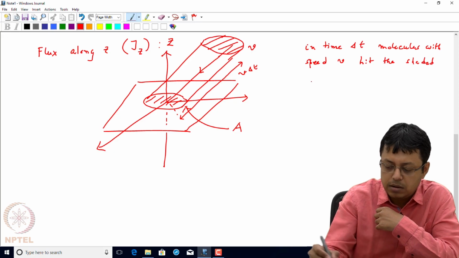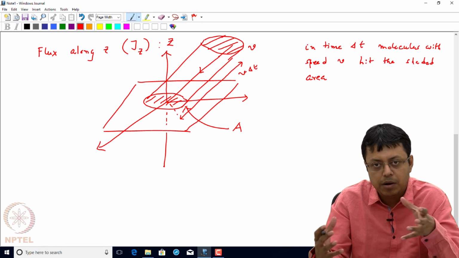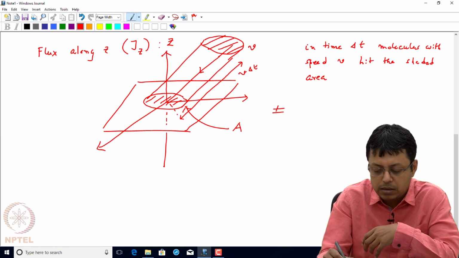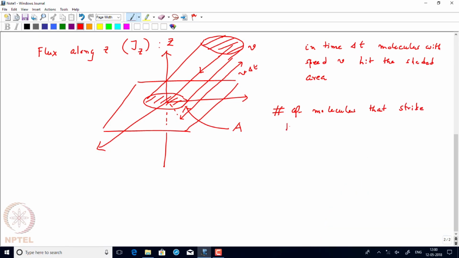That was our starting point. Which means we want to calculate the number of molecules that strike this shaded area.